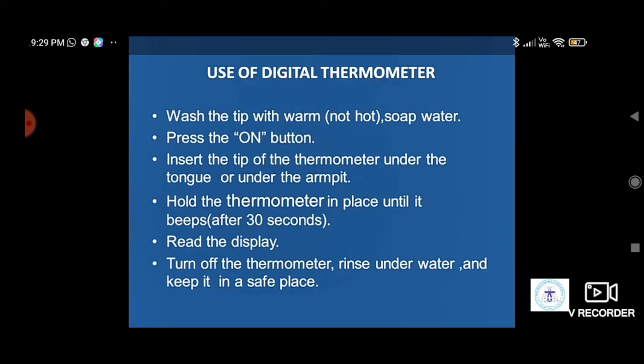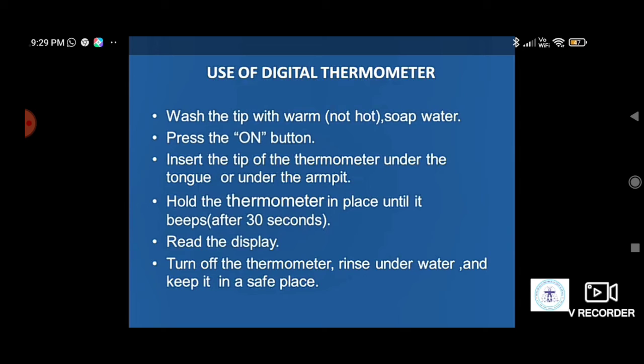Then insert the tip of the thermometer under the tongue or under the armpit. Next, hold the thermometer in place until it beeps after 30 seconds.